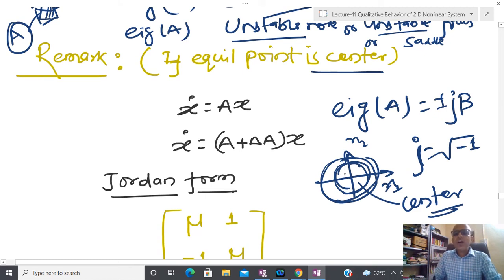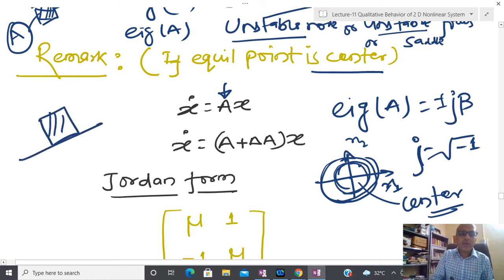Okay, now what happens if some perturbation comes into the picture? Because of how we apply linear and nonlinear control theory, we have some system, and after that we make a mathematical model, and if you check the A matrix, the system parameters appear there. Suppose you take a very simple system.